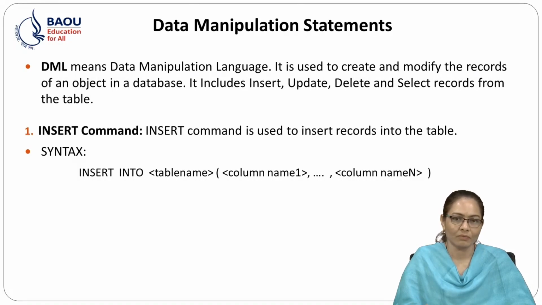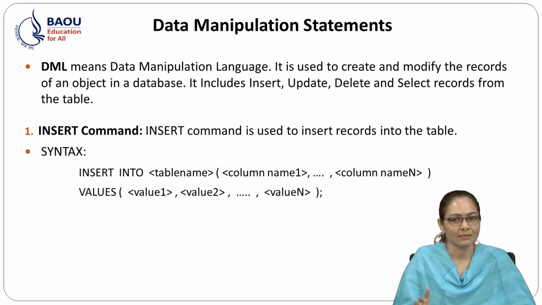After that values, and then round bracket, value 1, 2 up to n. Value 1 is stored in column 1, value 2 is stored in column 2, value 3 is stored in column 3 up to n. So it is the syntax of the insert command. You remember this syntax.